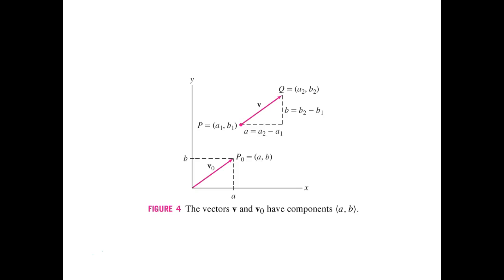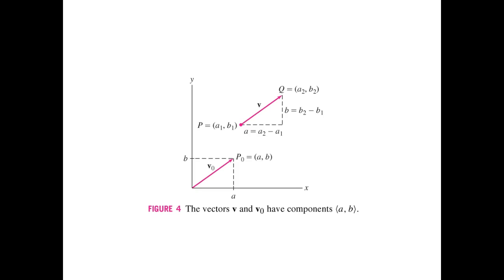The component of the vector up here is A2 minus A1, which is this length, comma, B2 minus B1, which is that length, B. If you translate that down to the origin, A units on the horizontal, B units vertical, that would be the point they're calling P0, which is A B. This is an equivalent vector, or a translate of that one.